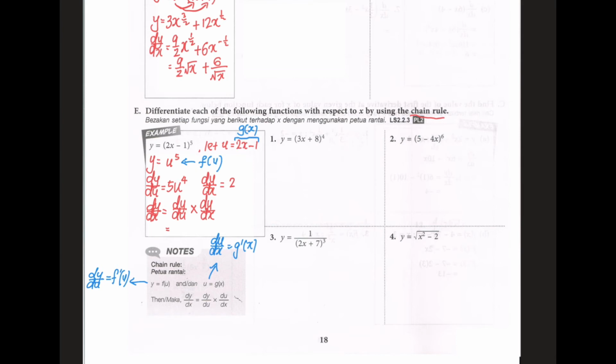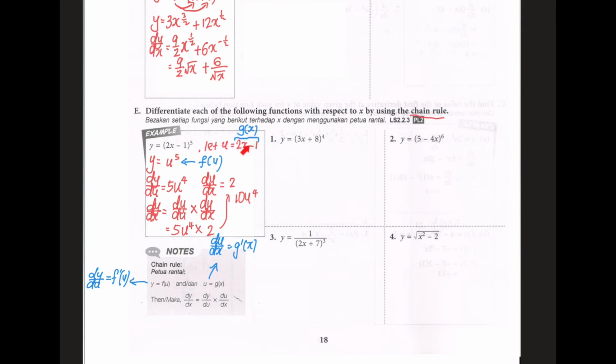So dy/du is 5u to the power of 4. du/dx is 2. I get 10u to the power of 4. And at the end, dy/dx, the right hand side has to be in x.